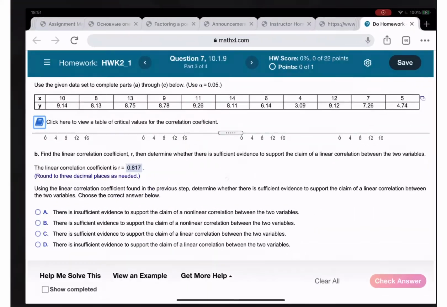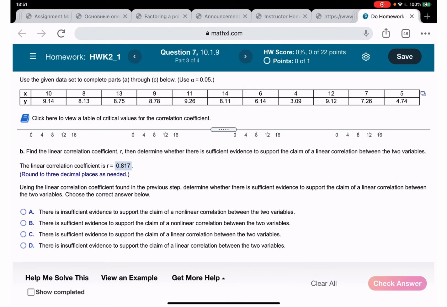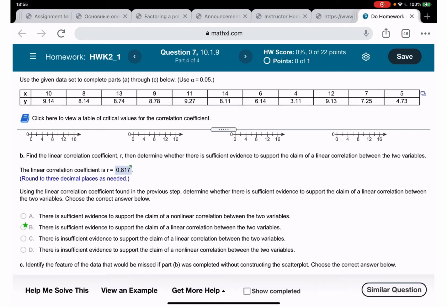I can't get rid of the answer, they already placed it, but looking at the fact that our R of 0.817 is greater than the critical value 0.602 we found, there is sufficient evidence to support the claim of linear correlation between the two variables.